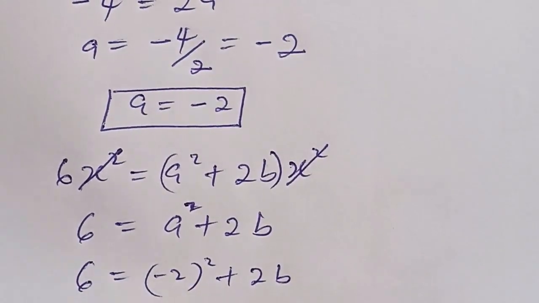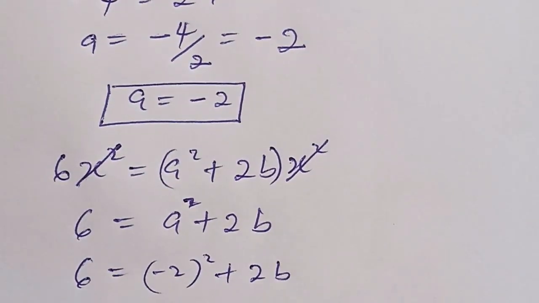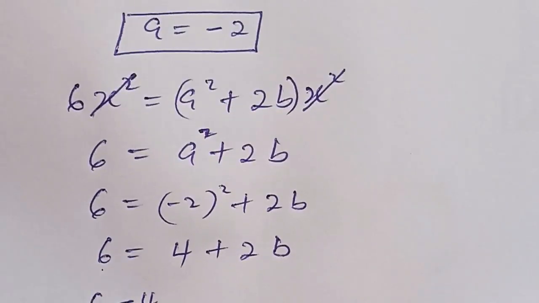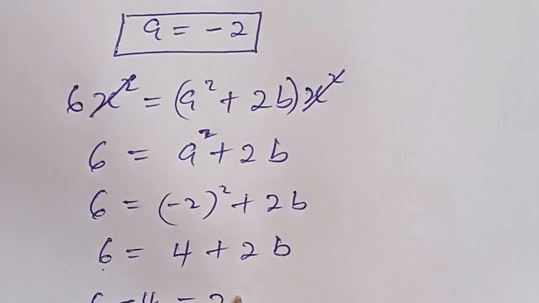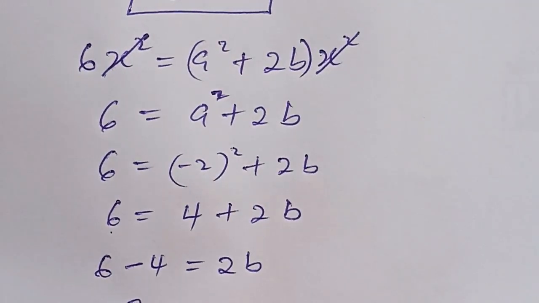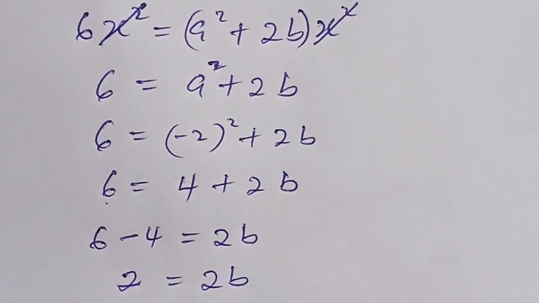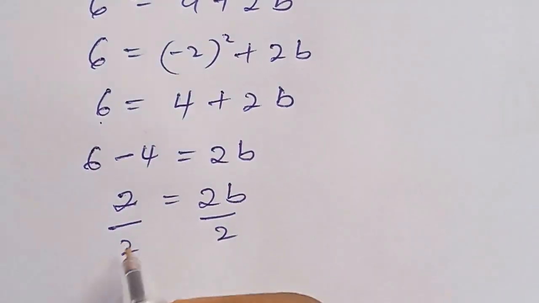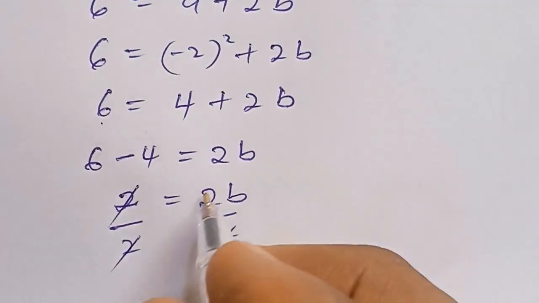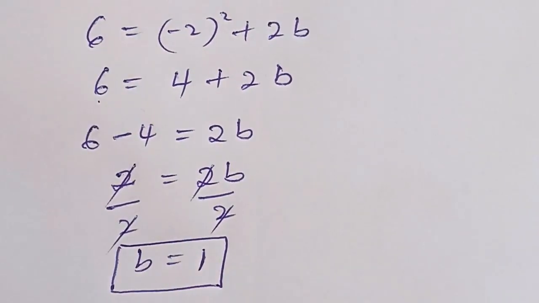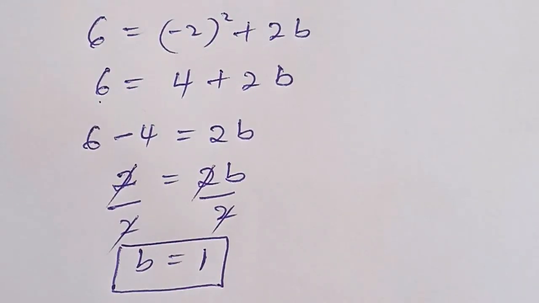If we square this, we have 6 is equal to 4 plus 2b. We can move this 4 to this side. We have 6 minus 4 is equal to 2b. 6 minus 4 is equal to 2, and that will be equal to 2b. If we divide both sides by 2, then b will be equal to 1. We have b equal to 1.